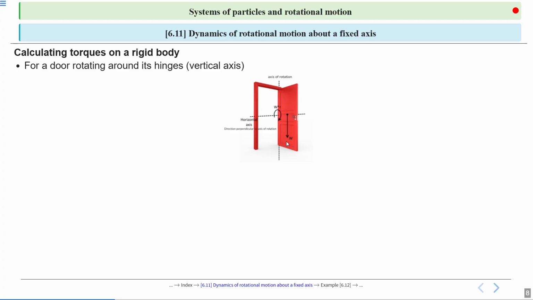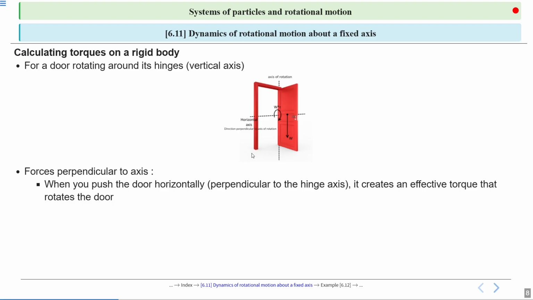The axis of rotation here is a vertical line running through the hinges. Now let's talk about what kind of force actually makes the door rotate. When you push the door horizontally, perpendicular to the hinge axis, it creates an effective torque that rotates the door.